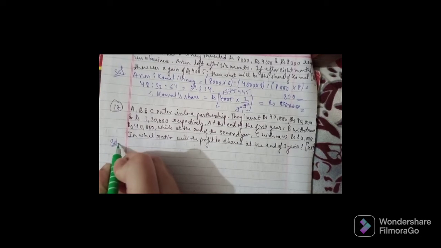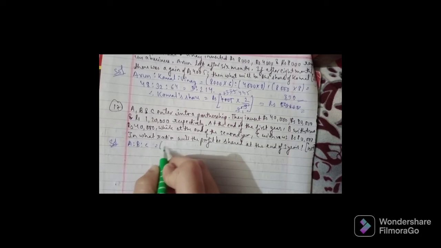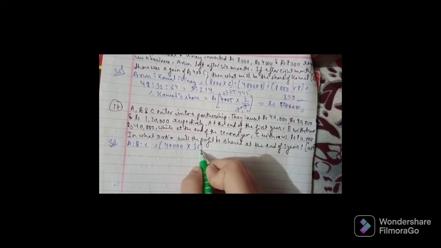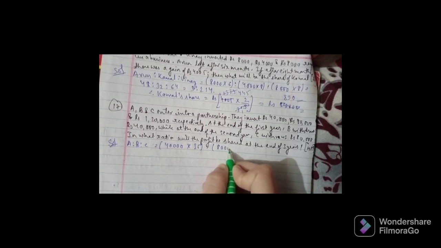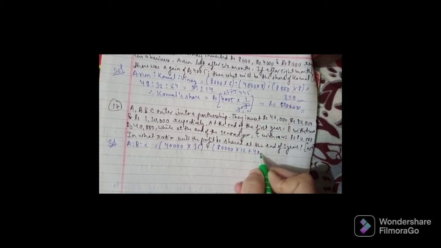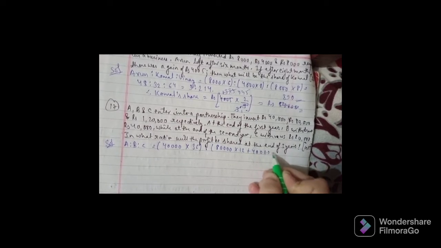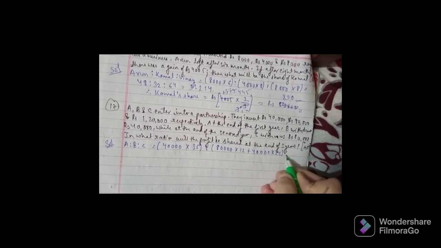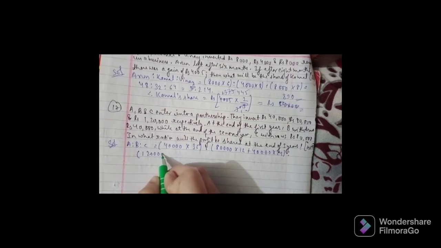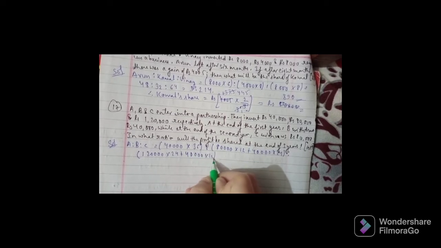So A : B : C equals 40,000 for 36 months, 80,000 for 12 months plus 40,000 into 24, and 1,20,000 into 24 plus 40,000 into 12 as well.